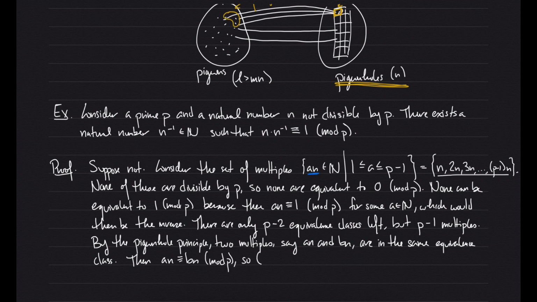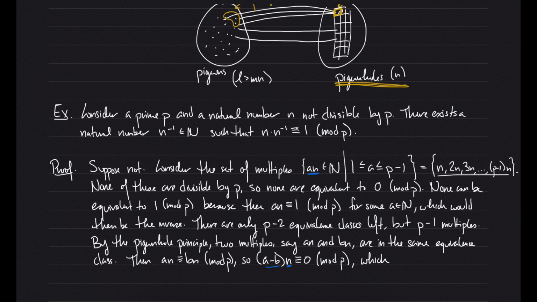So we have this equation, and then we can just rearrange everything, do a little bit of arithmetic, and we find this. Again, let's remember that n, this factor here, is not divisible by p by hypothesis.